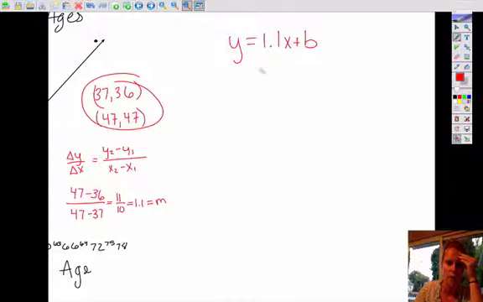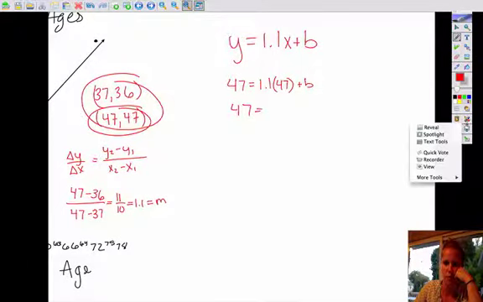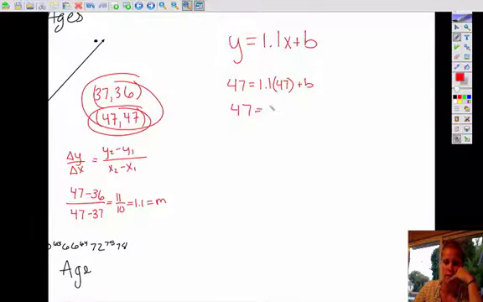So what we can do is plug in a point. So 47, 47. That means 47 is going to equal 1.1 times 47 plus b. Okay, so 47 equals 47 times 1.1, which is 51.7, plus b.